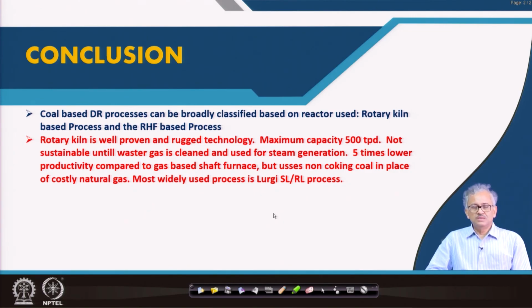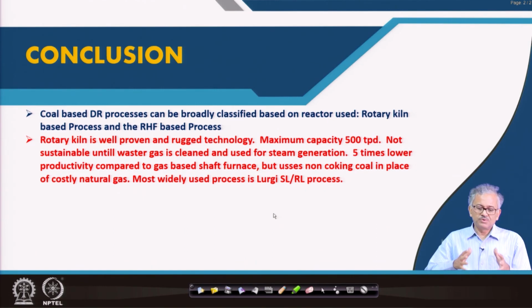So, their initial investment cost is less, but there is the expenditure per unit mass production, which is much higher, and their productivity is not very high compared to the shaft furnace. Shaft furnace can produce 5 times more than that of the rotary kiln process.